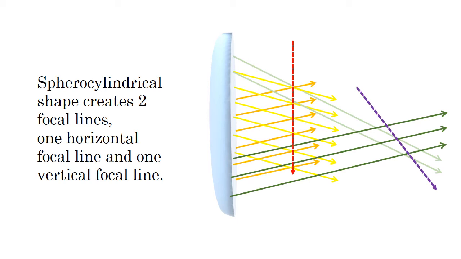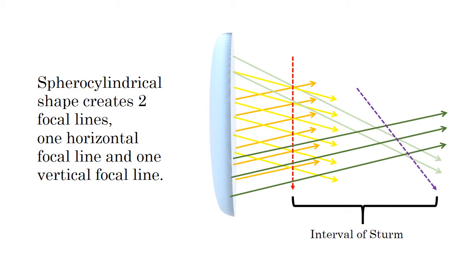And the area that we're concerned with here right now is the area in between these two focal lines. That area is called the Interval of Sturm.